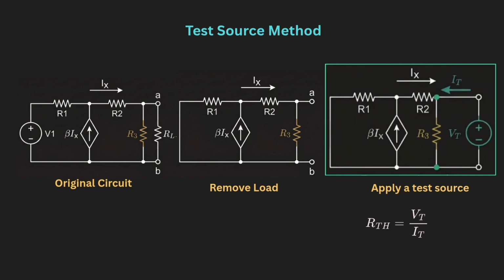For example, we can apply VT as 1 volt and find the resulting current IT, or apply IT as 1 ampere and find the resulting voltage VT. Choose whichever makes the nodal or mesh analysis equations easier. We'll solve a complete dependent source problem in a separate video.